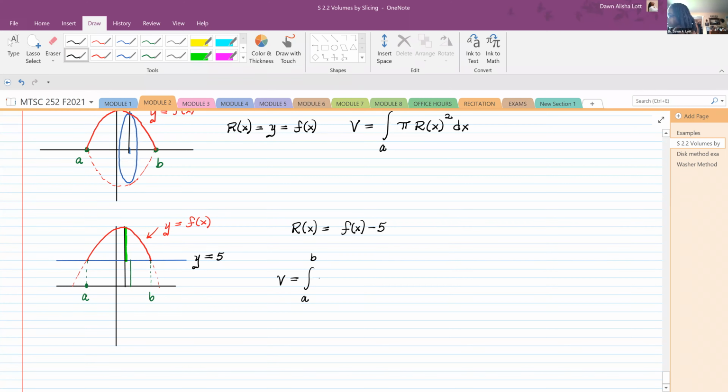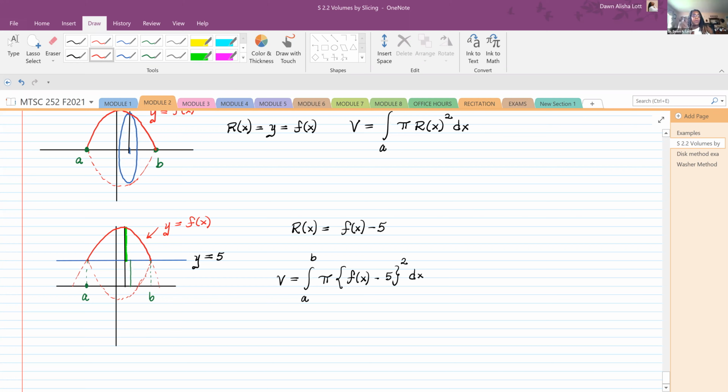And then I would have pi, and now my radius is going to be f of x minus 5 squared dx. And that's if I'm revolving it about this axis, about this point. So I would have something like that.